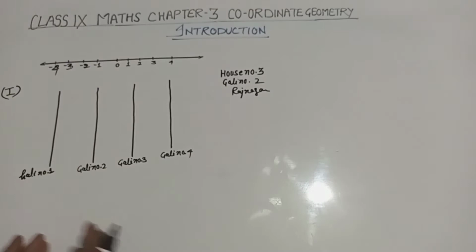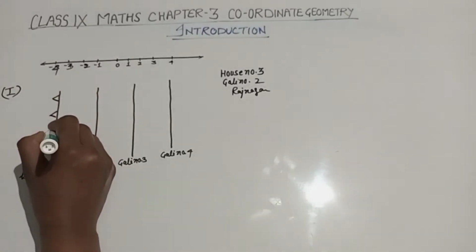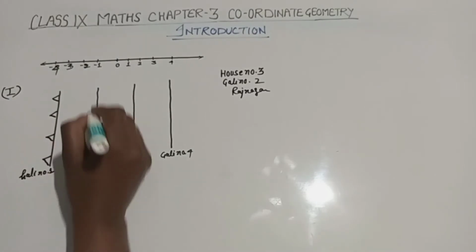Each gully has 4 houses: house number 1, house number 2, house number 3, and house number 4.